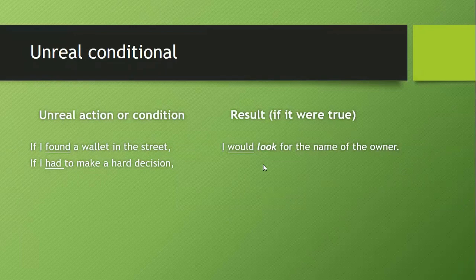Then, in this case, if you had to make a hard decision, would you try to do the right thing or would you do another thing? In this case, the answer would be, if I had to make a hard decision, I would try to do the right thing. In this case, what is the right way to do it? Go on the trip with your friends or stay at home and do your homework.